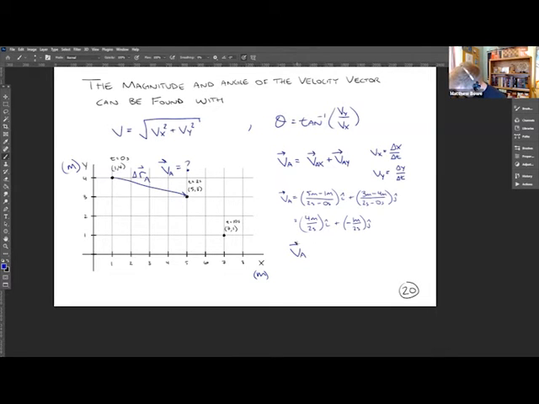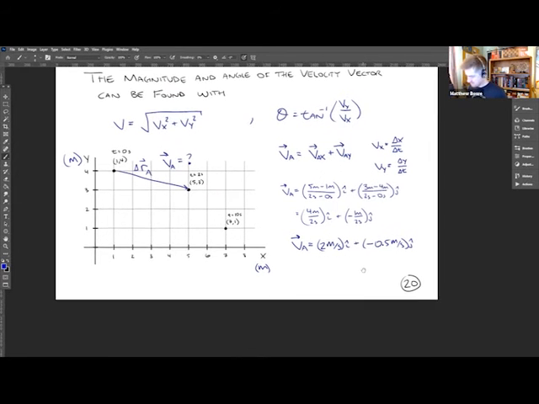We have velocity of this segment is 2 meters per second in the I hat direction and minus 0.5 meters per second in the J hat direction.